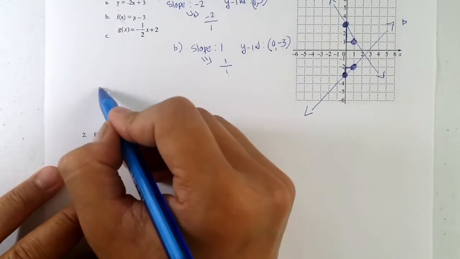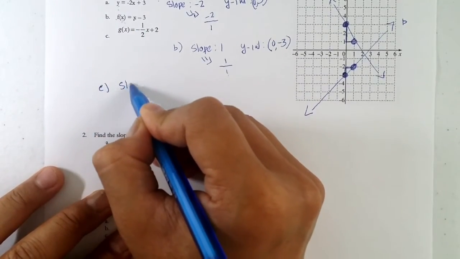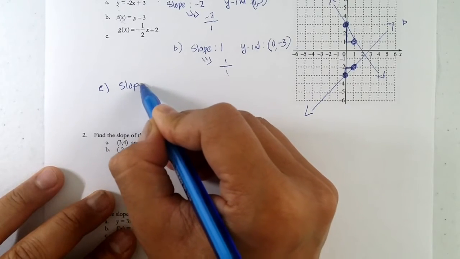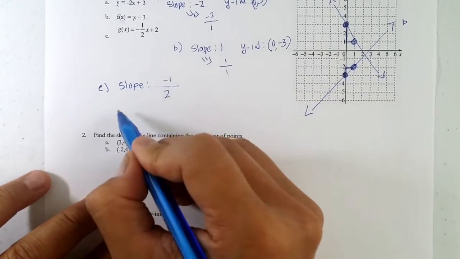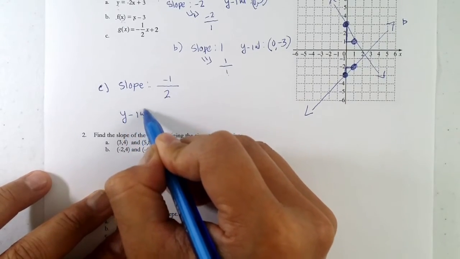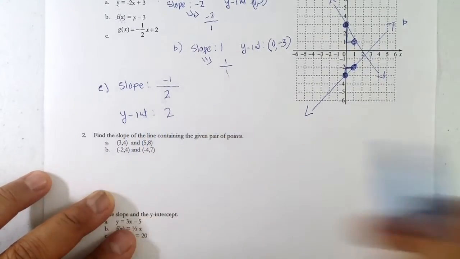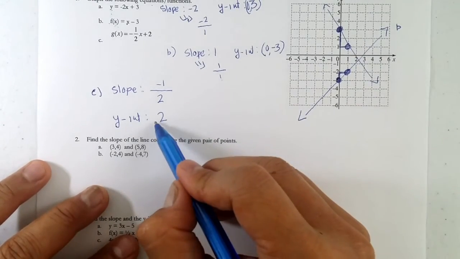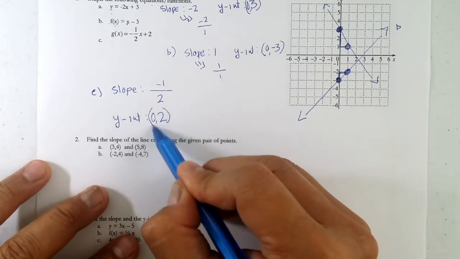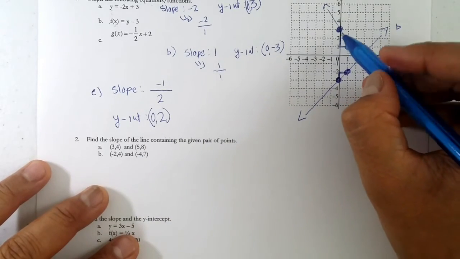Okay. Part C. My slope is -1/2. My y-intercept is 2. So I need to plot my y-intercept first, (0, 2), which is right here.